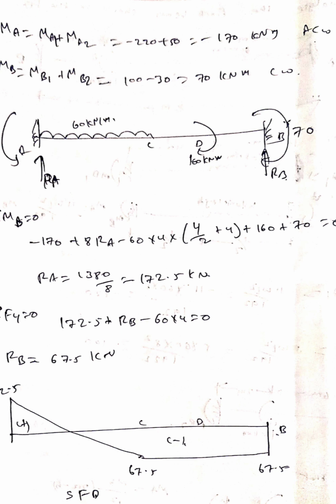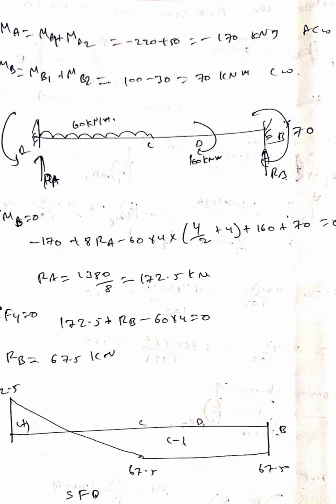From here we'll get RA 172.5, and then substituting in the sigma Fy equal to 0 equation, we will get RB equal to 67.5 kilonewton. So in the shear force diagram, at A the value is 172.5 and at B 67.5, and from B to C the value is constant 67.5.